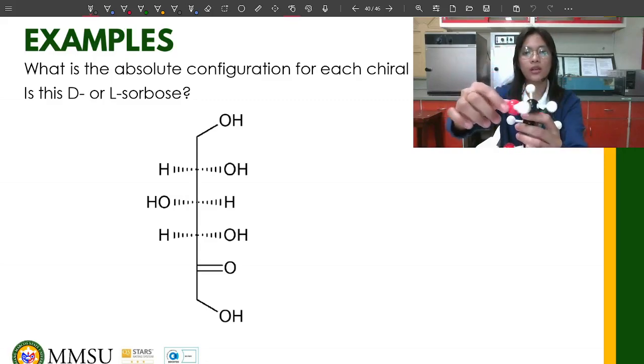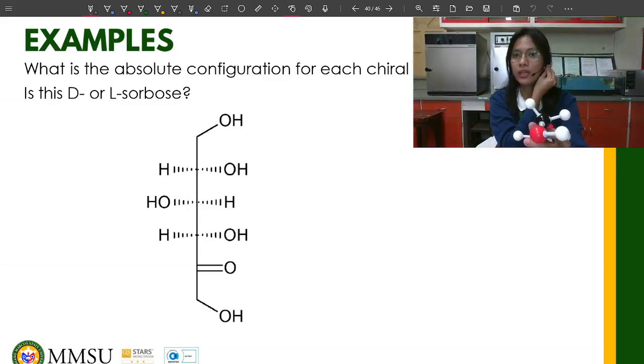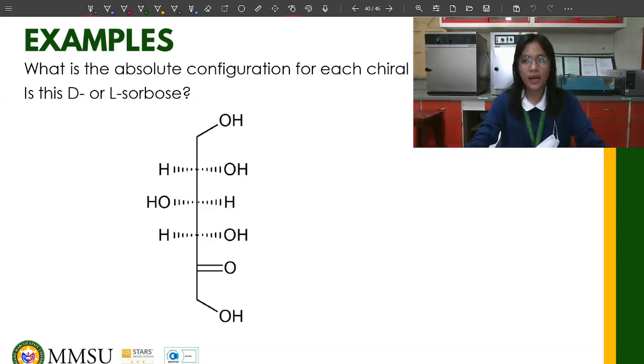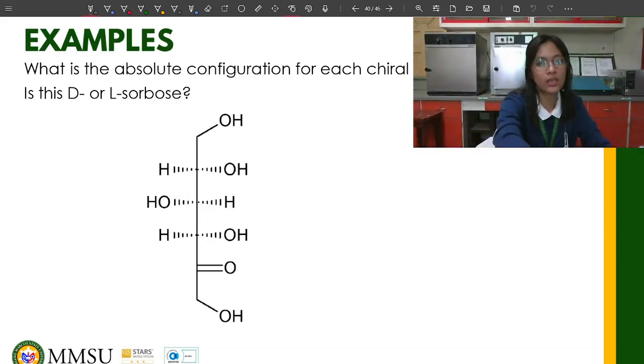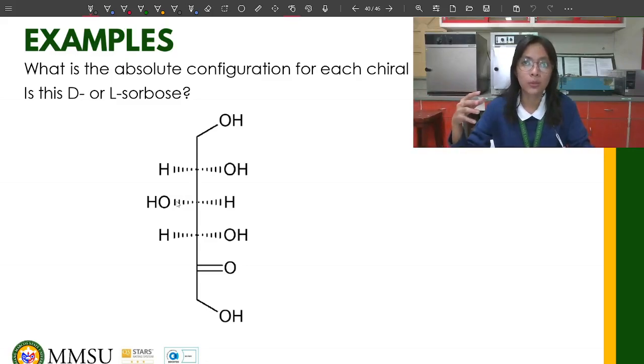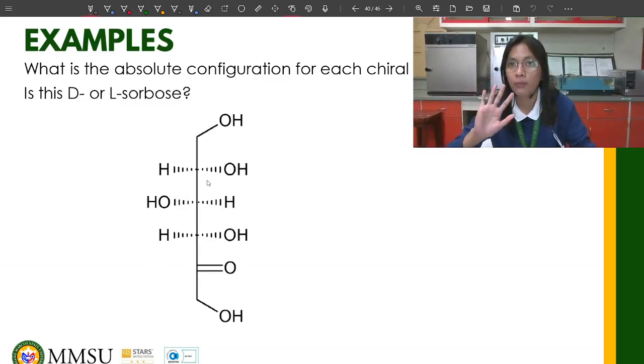And then, the last one is your CH2OH pa rin yan. So, another CH2OH. So, ang kailangan lang natin dito is, although kailangan naman lahat, pero ang kailangan mo for the Fischer projection is yung condition mo, yung C double bond O mo nasa taas. And also, yung mga horizontal substituents mo is nasa towards you.